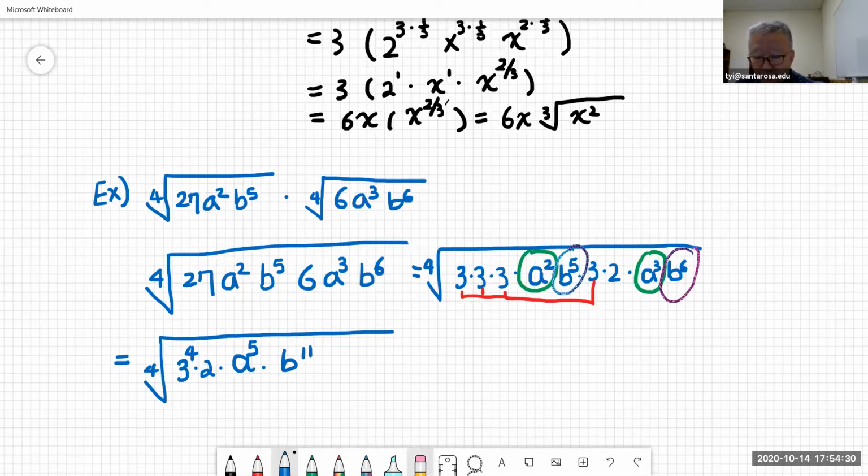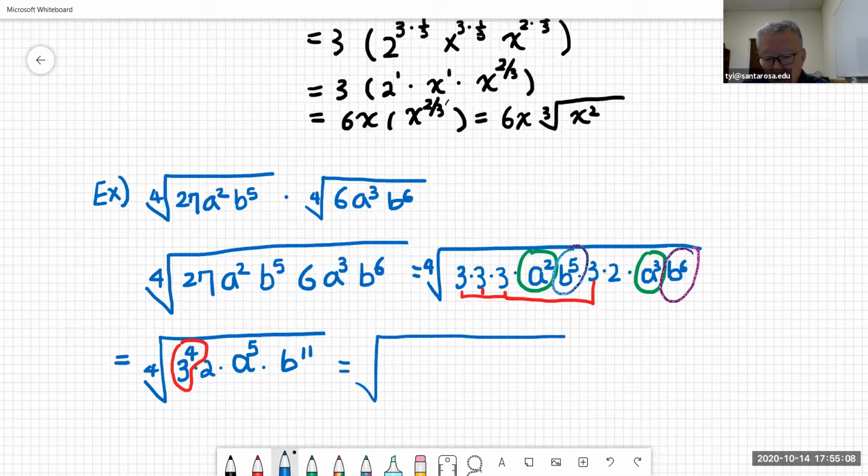Okay, so what we need to do now is somehow get the constant and the variables out of the fourth root here. So as I mentioned, the index is equal to 4. So we want to put everything in terms of exponential power over 4. We already did that for the 3 to the 4th. And we're going to do that for the a and the b.